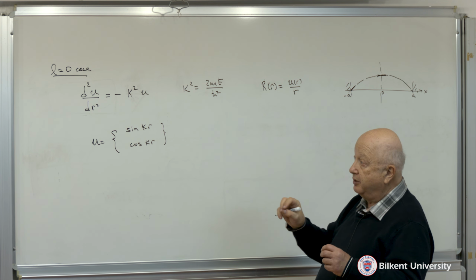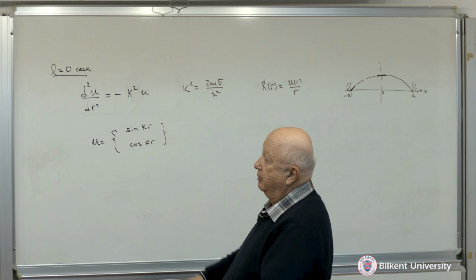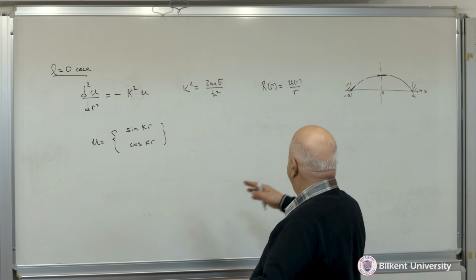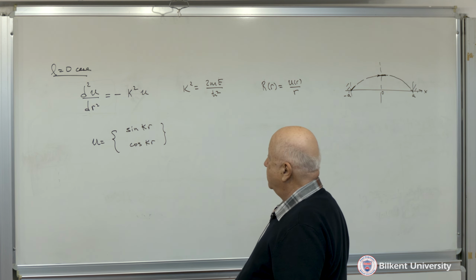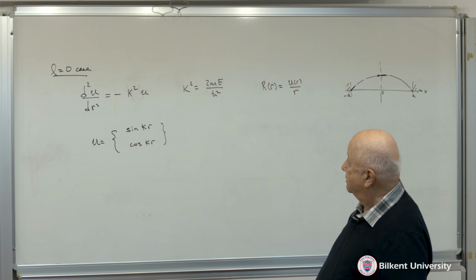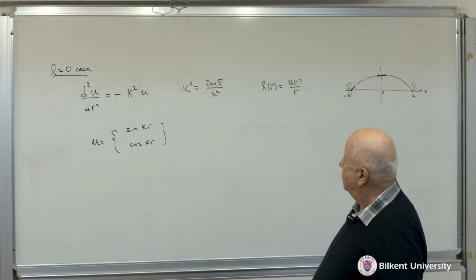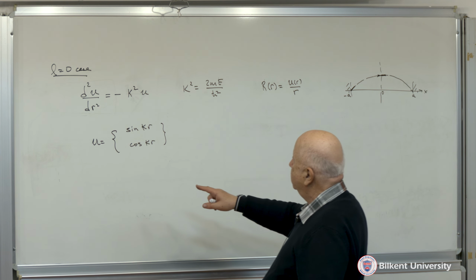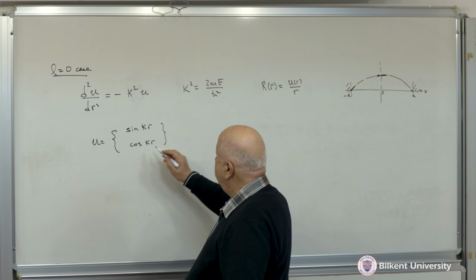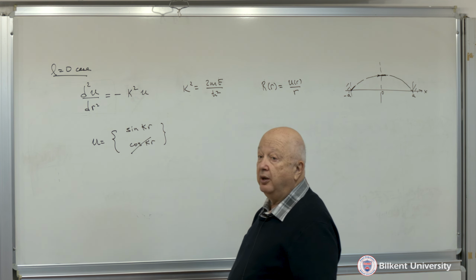Although r equal to 0 is some sort of strange singular point in spherical coordinates, in ordinary space it has no important significance. So I don't want divergences at r equal to 0, so I don't want the cosine term.